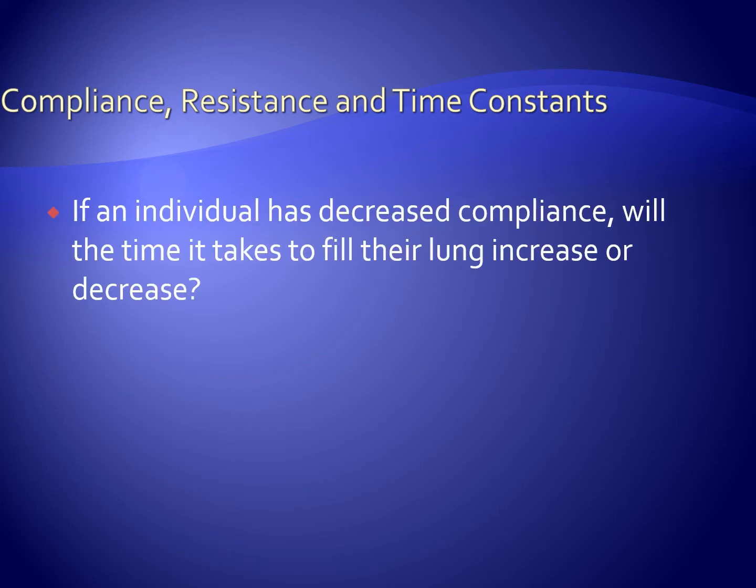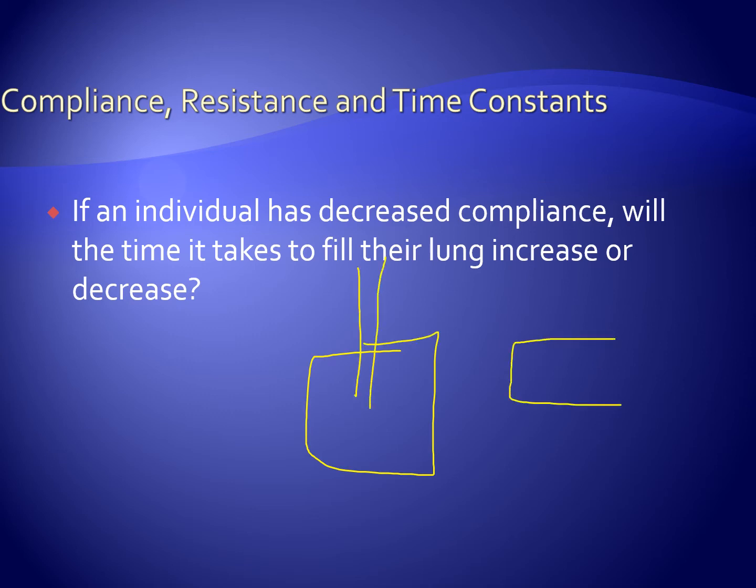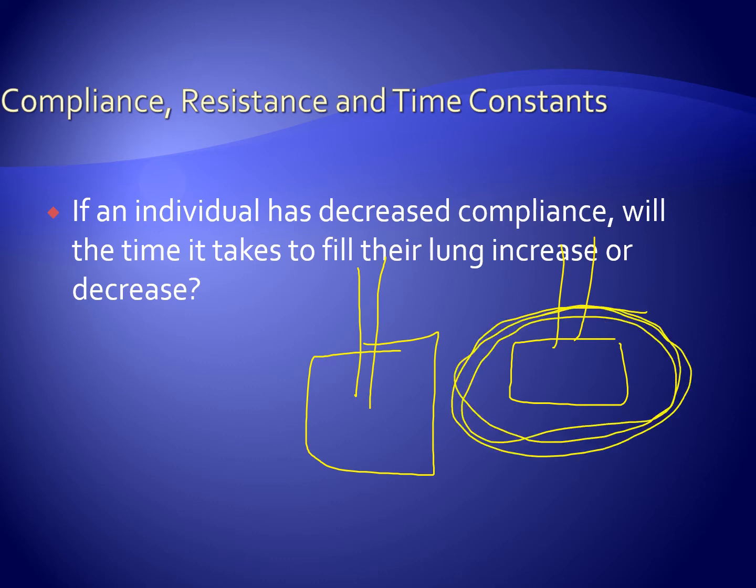All right, more application. If an individual has decreased compliance. Okay, so here we go back to our containers. Large container like emphysema, and then shot glass. Both have the same size straw. If an individual has decreased compliance, that would be like your shot glass. It cannot accept a large volume.